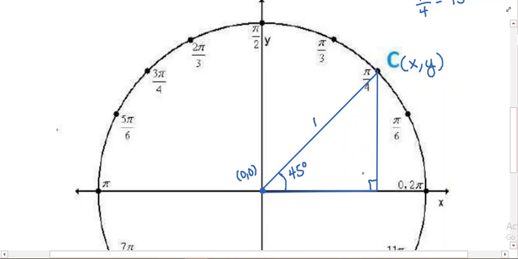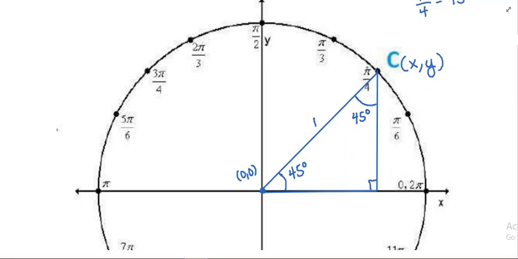So 180 minus 90 minus 45 makes this angle right here a 45 degree angle as well. To establish the coordinates of this particular point on the circle, point C, we've got to come up with the lengths of the two sides of the triangle that we haven't found yet. We know the hypotenuse. We need the lengths of the other two sides.